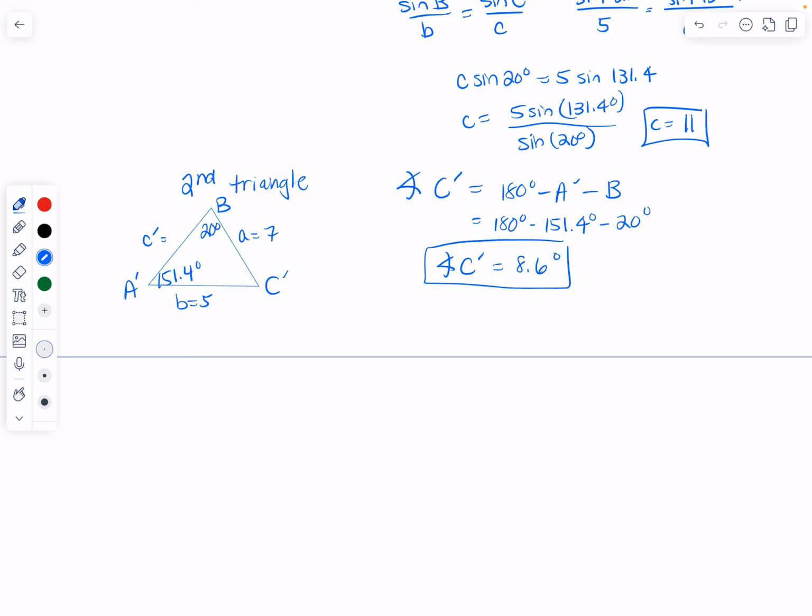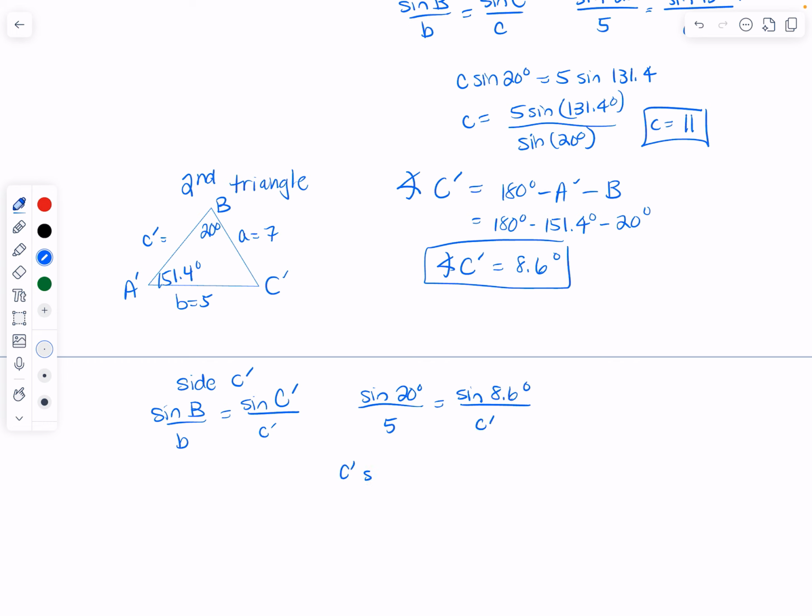Now I have to find side C prime. So I'm going to use sine of B over B equals sine of angle C prime over side C prime. So sine of 20 degrees over side B, which is 5, equals sine of angle C prime, which we just found to be 8.6, over side C prime.